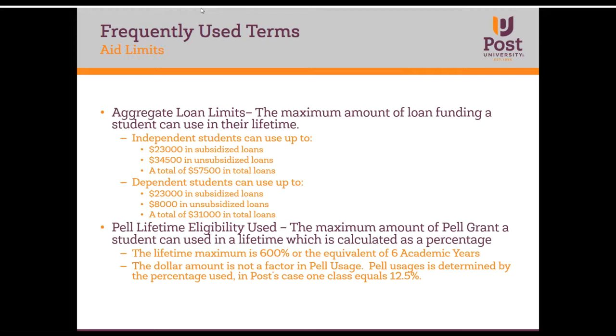If they both use that full eligibility during the course of an academic year, they've each used 100%, or one academic year's worth of Pell Grant. Here at Post, because of the way our terms and the way our academic years are broken down, each class is the equivalent of using 1.5%. So again, one student could be using $775 for a class, and another student could only be using $250, and they both used 12.5%.